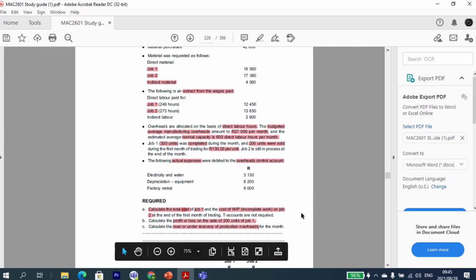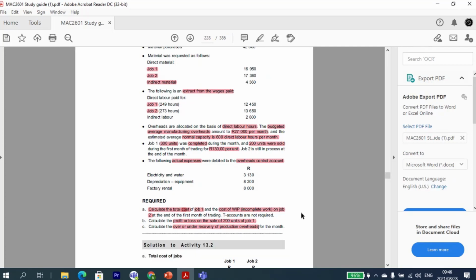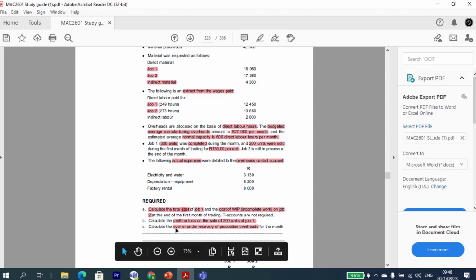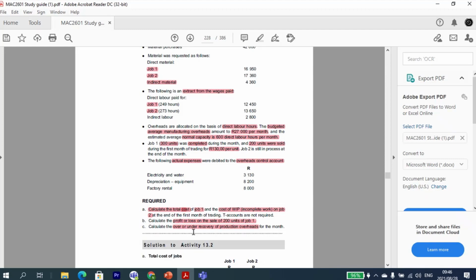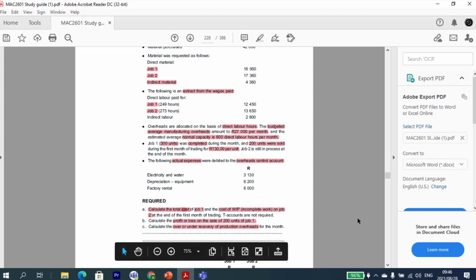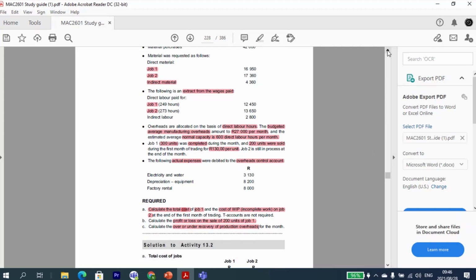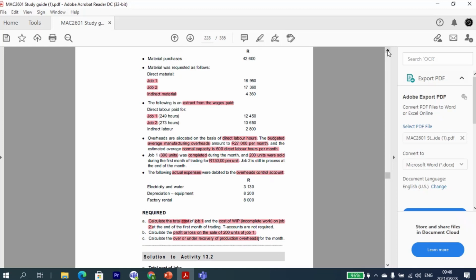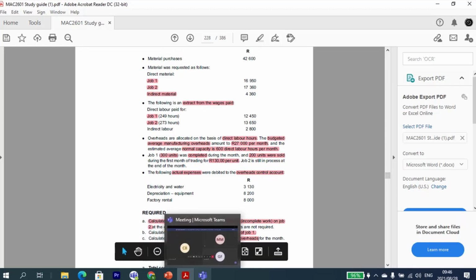It's a combination of saying, after you've calculated your estimated overhead manufactured cost, compare them to your actual, and tell us if it's an over or under recovery. So all I need is only those 3 questions being answered. I will give you 20 minutes to attempt the question, and then after the 20 minutes, we can discuss the solution.